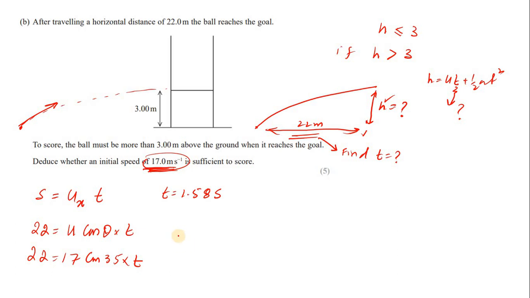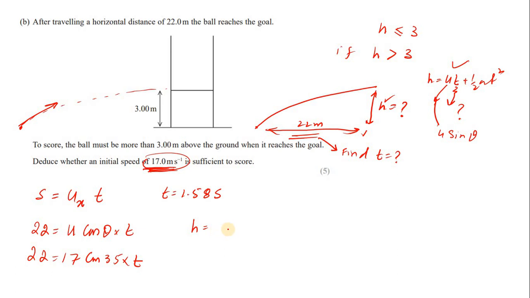Now let's use h is equal to ut plus half at squared. Remember, this u is not the velocity, this is the vertical velocity. This u is u sine theta.